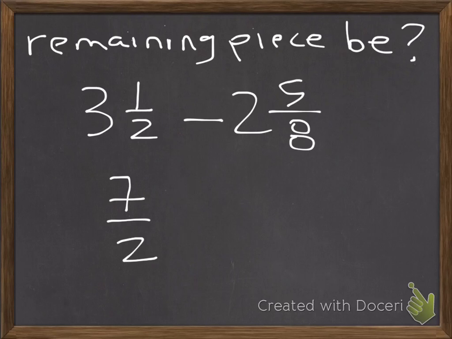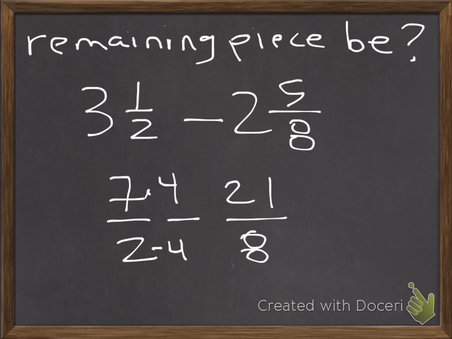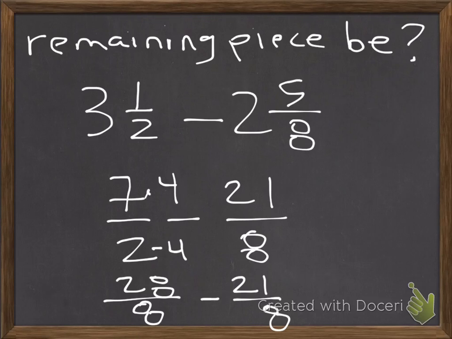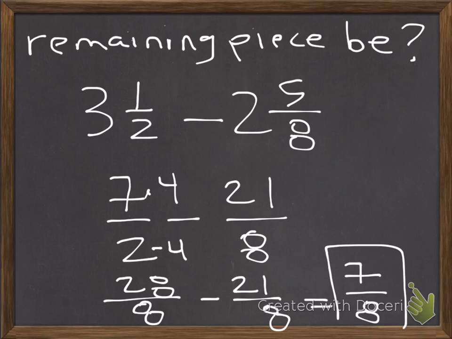So we make these both into improper fractions, get a common denominator, and then we subtract our numerators and keep our denominator. So if we subtract our numerators, keep our denominator, we get 7/8 left of elastic.